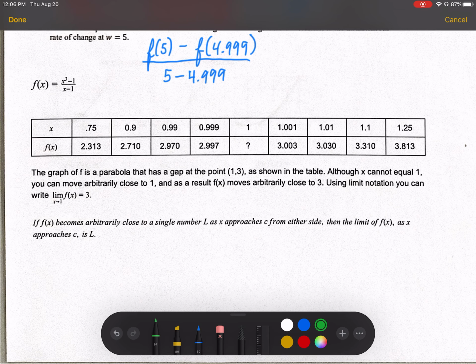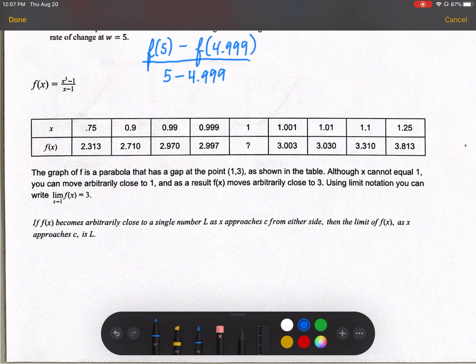Okay, so it says although x cannot equal 1, you can move arbitrarily close to 1. So that's what we're talking about, the two sides. So like let's say I had a graph that looked like this, and maybe this is the point. As I move along this graph from each side, what is this number that I'm approaching? Okay, that's kind of what we're talking about when we're doing limits.